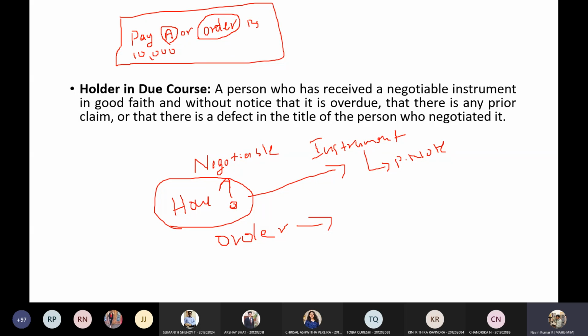Now, A wants to transfer this instrument to B. Just by mere delivery, he cannot transfer the title of the instrument. What does he need to do?